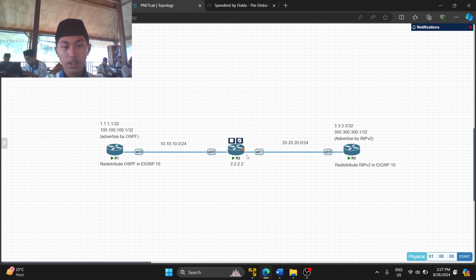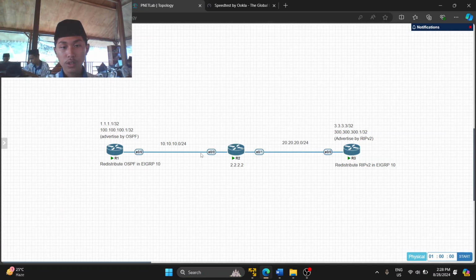And then we have router 2. For router 2, we will just do normal configuration, just use EIGRP for all the IP addresses. First, we have loopback 0. The IP address is 2.2.2.2 with the prefix /32.